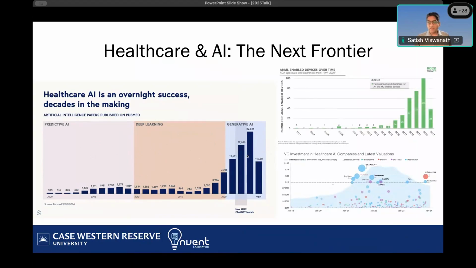And we see this kind of trend showing up across a number of different areas. The number of devices being approved by the FDA which are AI or ML enabled is also seeing a similar spike. You see investment, you see growth, you see a number of different types of companies coming out trying to develop technologies in this domain using AI and trying to impact different problems in healthcare.